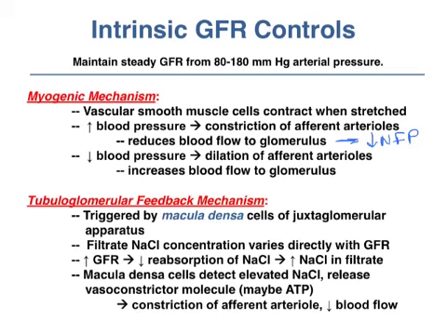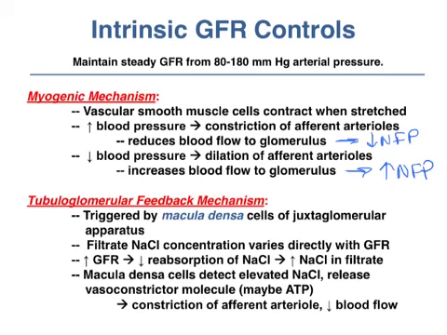Conversely, the flip side of that coin, when blood pressure decreases, that would tend to bring the net filtration pressure down, so glomerular filtration rate would slow down. And this causes a reflexive dilation of the afferent arterioles, which is going to increase blood flow and will correct glomerular filtration rate by bringing that net filtration pressure back up.